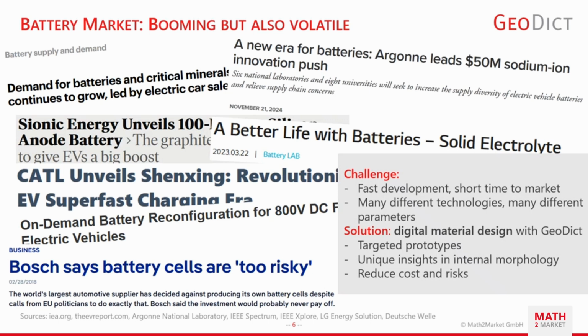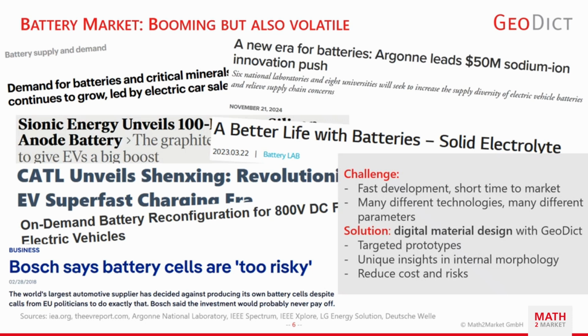You can test many different parameters in the battery, like different chemistries, different particle sizes, different geometries of the electrode. And you can do a lot of this digitally and then focus your experimental approaches on the promising prototypes that you find in the simulations.